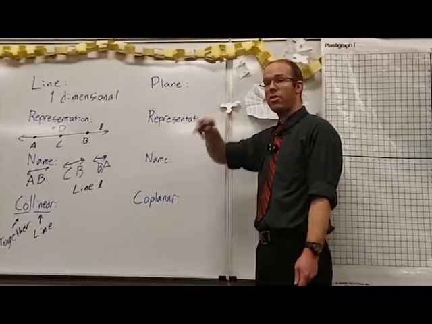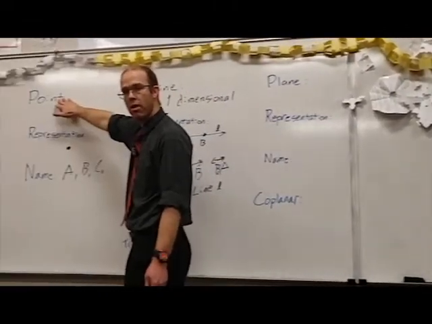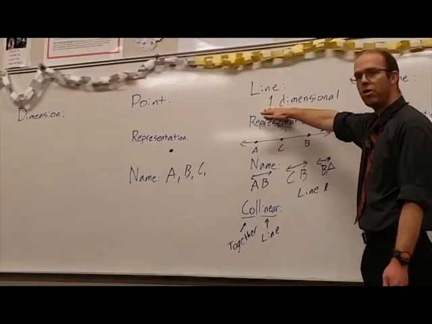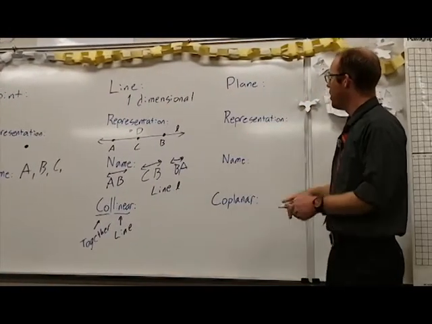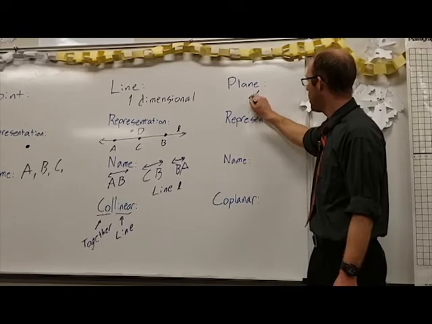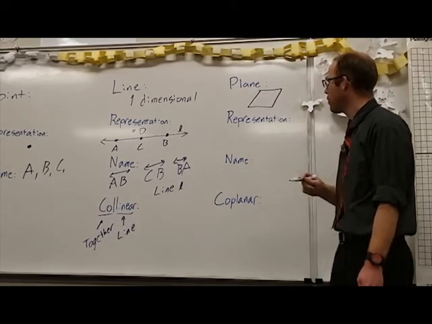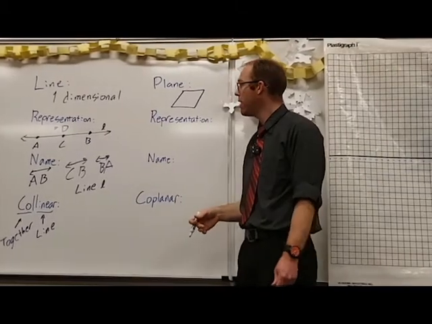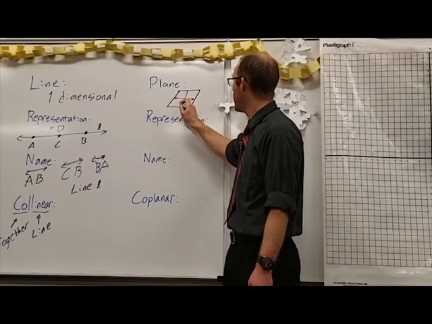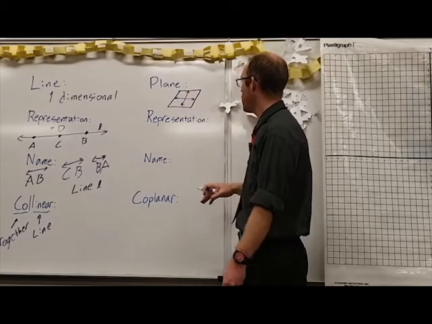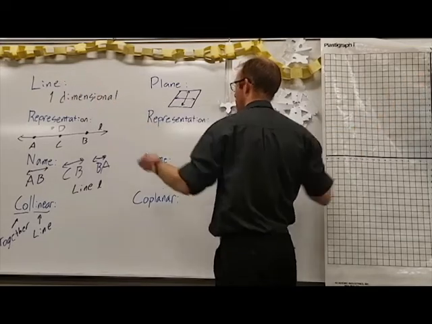Now, a plane has 2 dimensions. So we're going from 0 dimensions to 1 dimension to 2 dimensions. A plane is represented by a picture that looks kind of like a wall or a ceiling or a floor or a paper or something like that. It has length and it has width, and those 2 measurements continue forever in all directions.